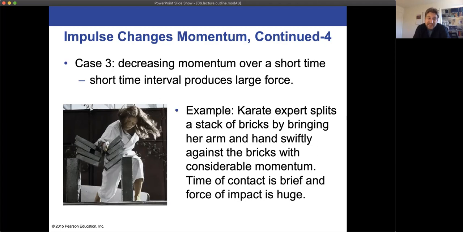It's the swiftness of the chopping motion here that maximizes the force for a given impulse. Her hand is changing momentum regardless, according to the speed of her swing. But if we reduce the time that it spends in contact, we can maximize the force that is used to effect that change in momentum.